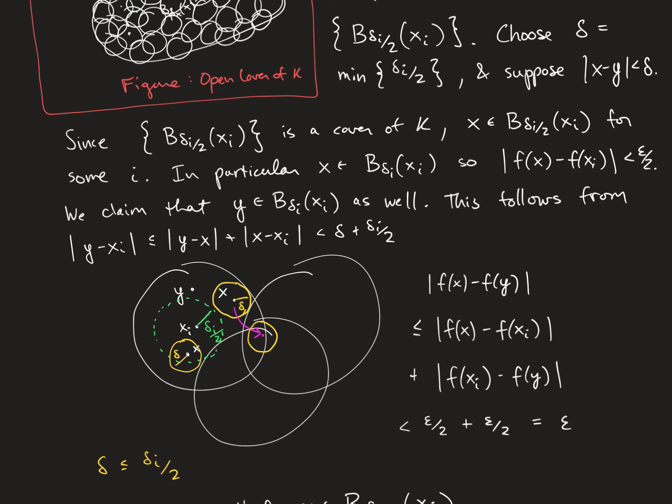And delta by definition is less than or equal to every delta i over 2, so it's less than or equal to this particular delta i over 2, plus delta i over 2, which is equal to delta i.